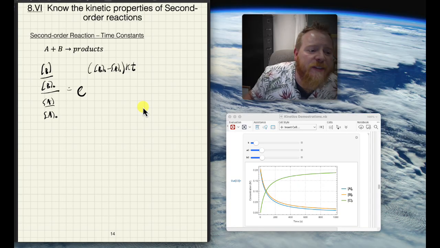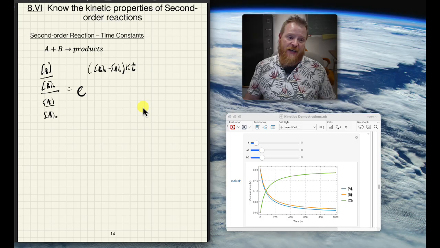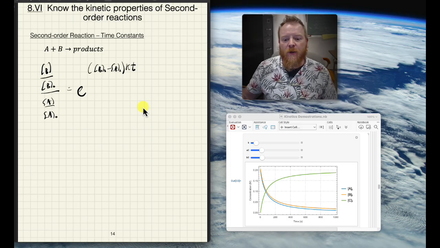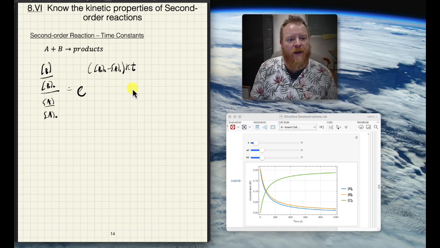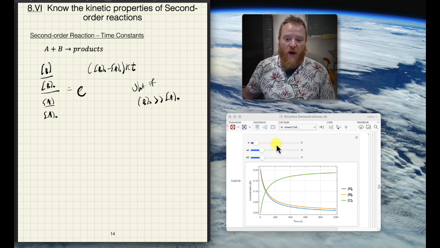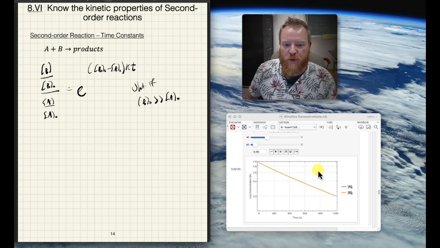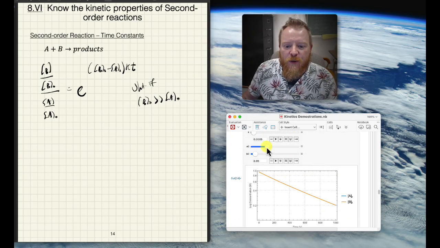So now we can play this game like, what if one of these is in large excess, right? So what if, let's say that B initial is much, much greater than A initial. What happens? And this is also going to be the subject of a whole next learning goal that we'll flesh through in more detail.